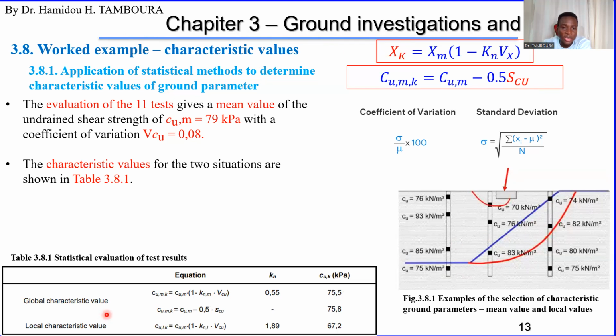Then in case of using the second formula, still for the slope stability, that is very simple. The standard deviation, I explained what the standard deviation is and how to calculate it, so please calculate by yourself, okay? The average value, 79, minus 0.5 times the standard deviation, this standard deviation formula.